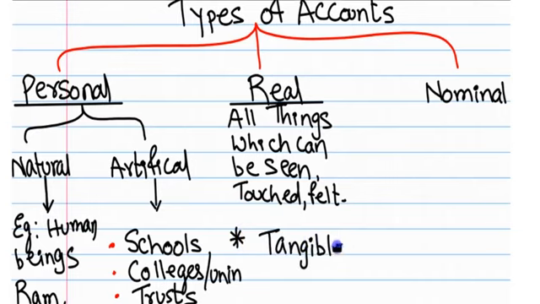Tangible means which can be seen, which can be touched and which can be felt. Tangible will include various types of things.